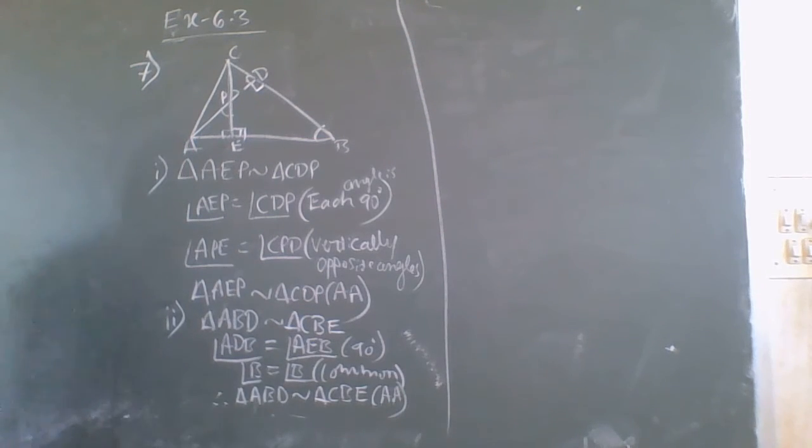Next, in the third question, what are they asking? Triangle AEP is similar to triangle ADB.